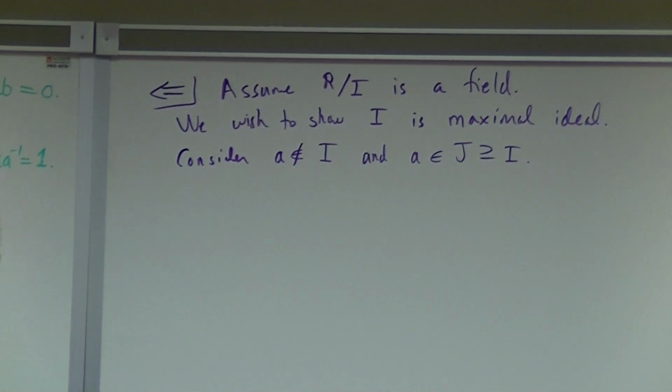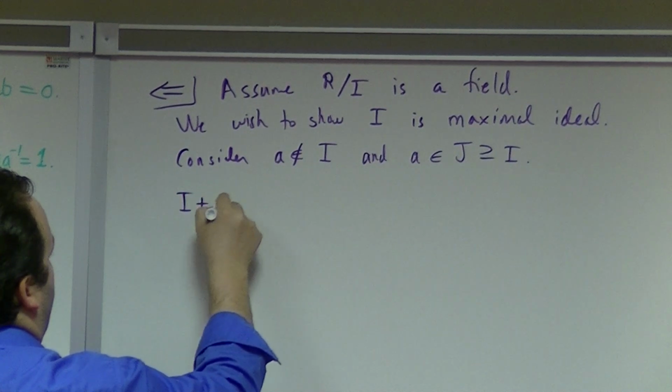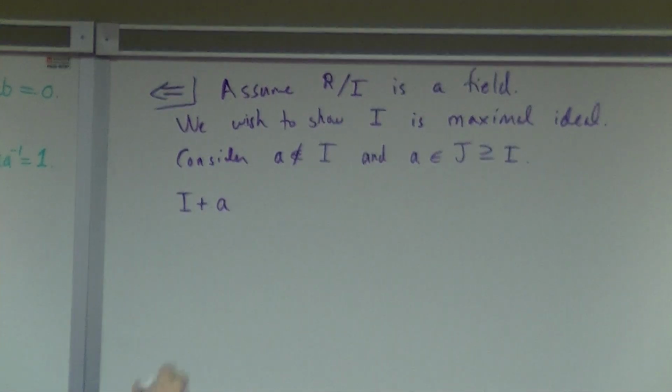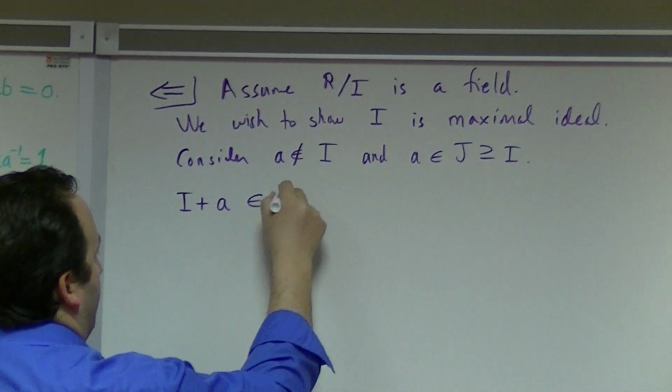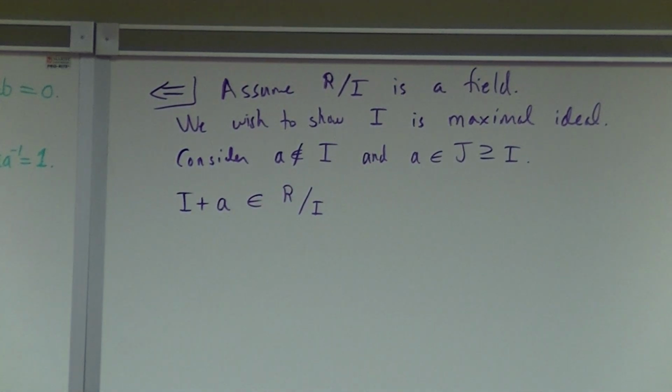But I plus A is an element of R mod I, right? The factor ring, it doesn't just concern the ideal, it concerns all the elements of the ring. You take representatives from the whole ring, and you're setting I to 0 in some sense.